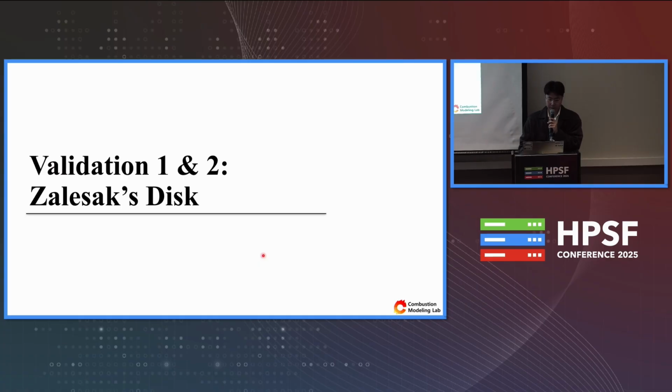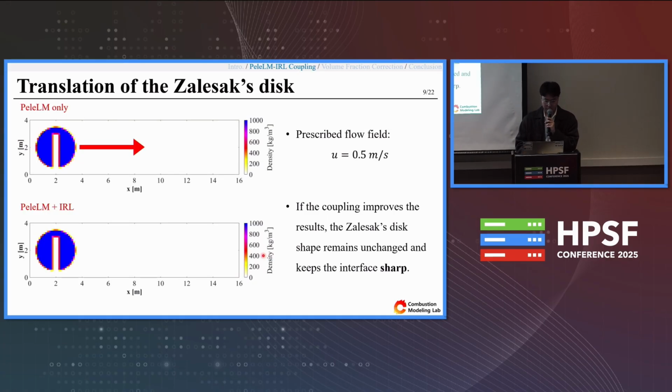To validate this coupling, the first validation is the translation of the Zalesak disk. Using a prescribed flow field, the Zalesak disk moves from left to right. First, I'm going to show the results using only PeleLM.